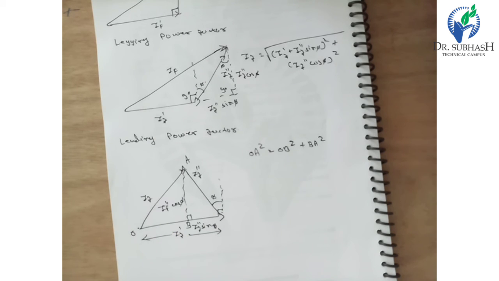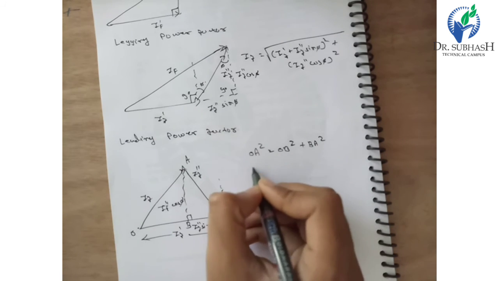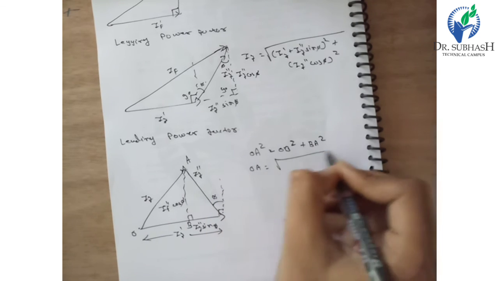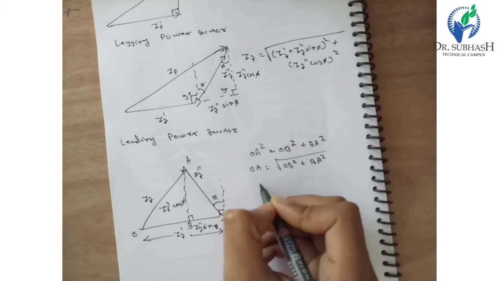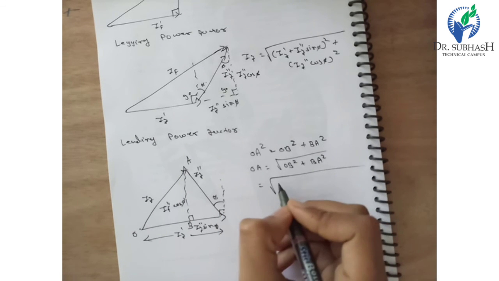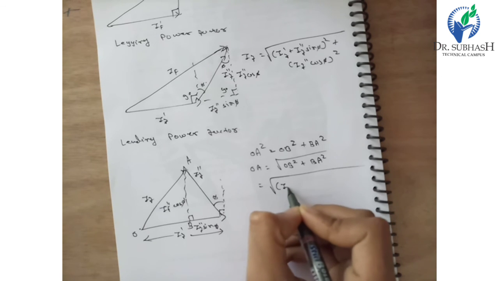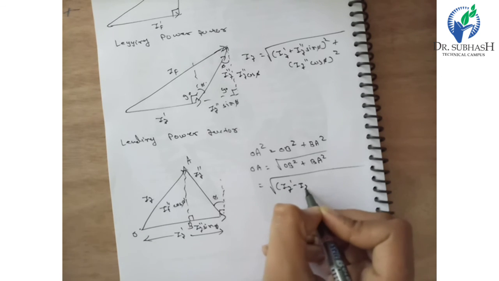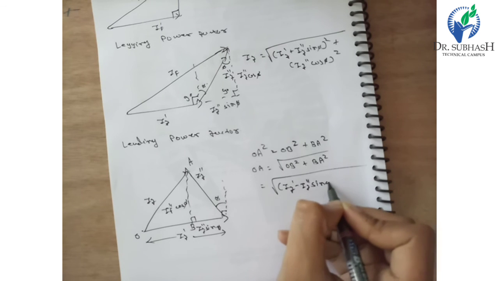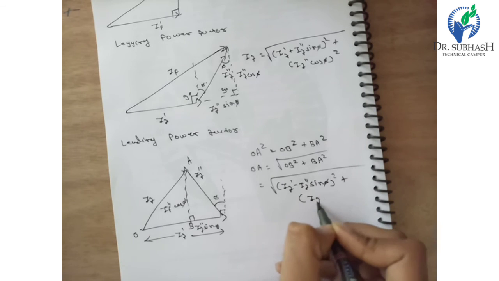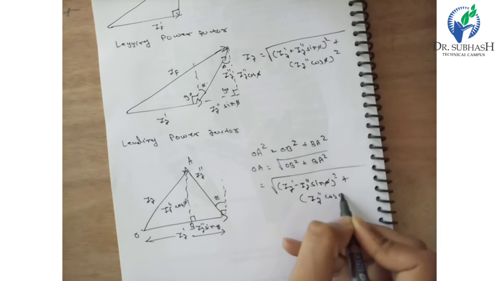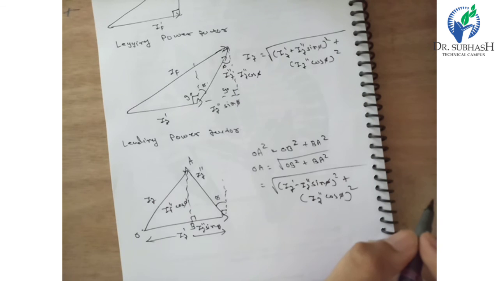OB is IF dash minus IF double dash sin phi, the total squared, plus IF double dash cos phi squared. From this IF is to be determined.